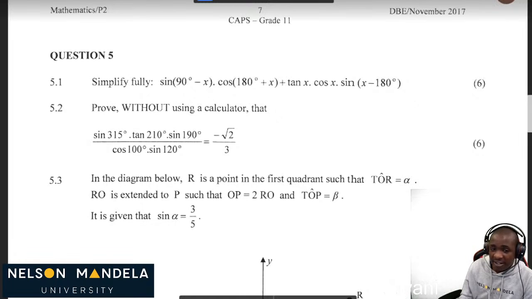Prove without using a calculator that 5.2, sine of 315 degrees times tan of 210 degrees times sine of 190 degrees divided by cos of 100 degrees times sine of 120 degrees is equivalent to negative square root of 2 divided by 3.